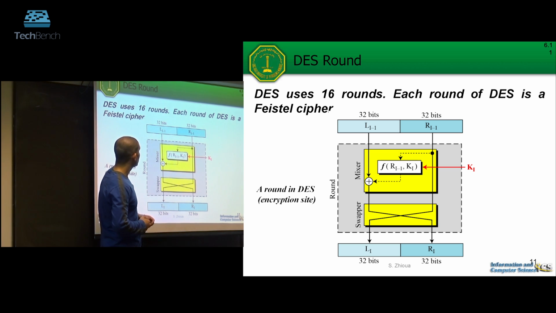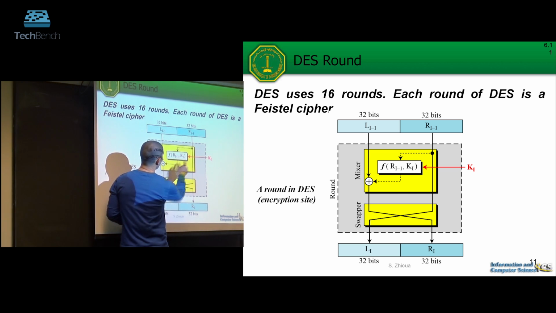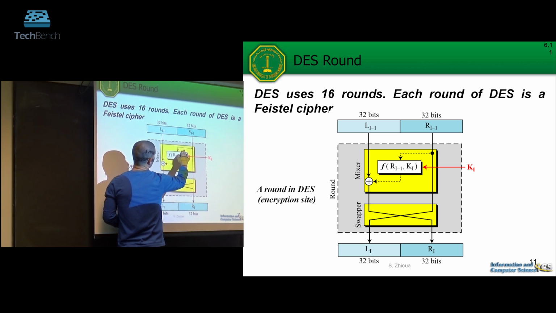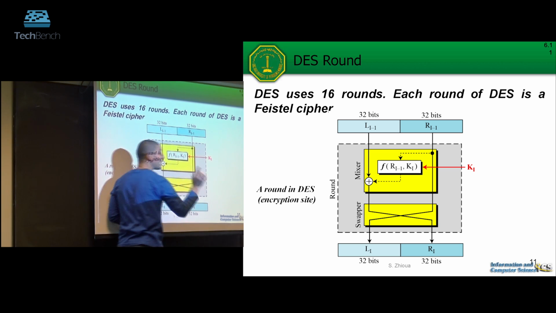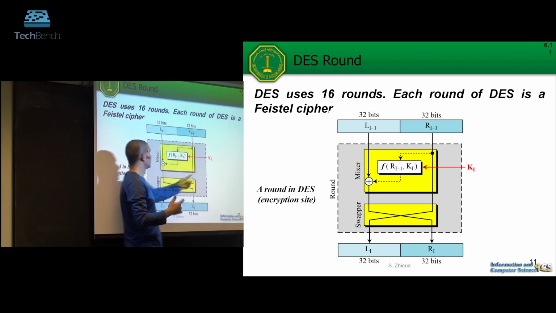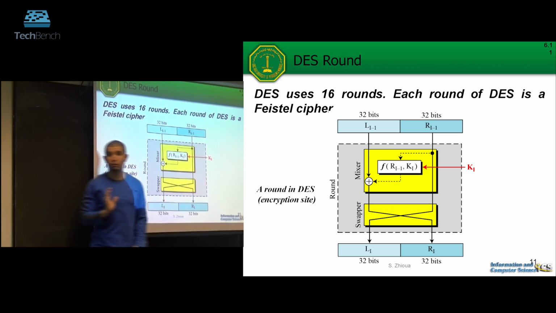Then you take the right 32 bits and use them in this function along with the round key. The size of the round key here will be 48 bits.